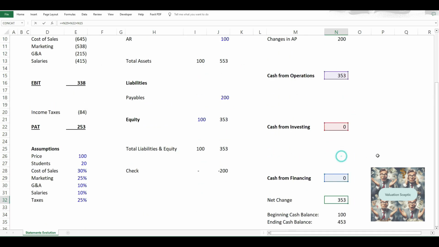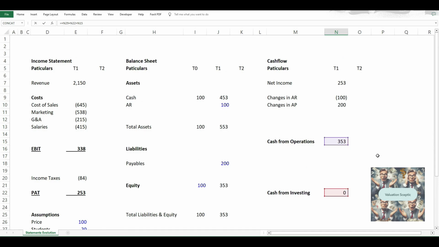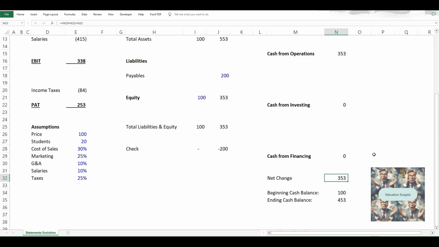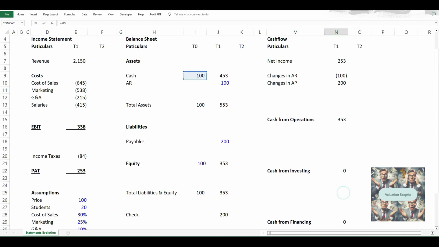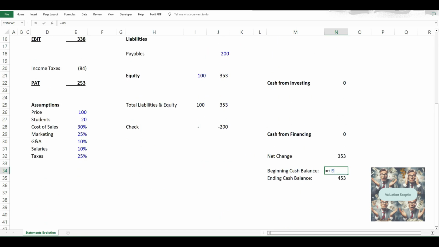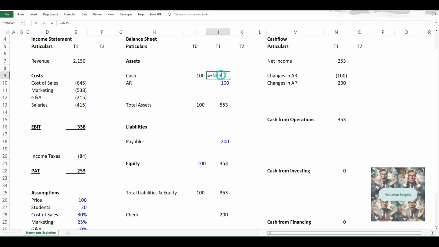Overall, I have already added the changes from the three financial activities. We'll be evolving around financing and investing activities soon. The cash beginning is added back from the beginning balance and ending is linked just like in the previous video.